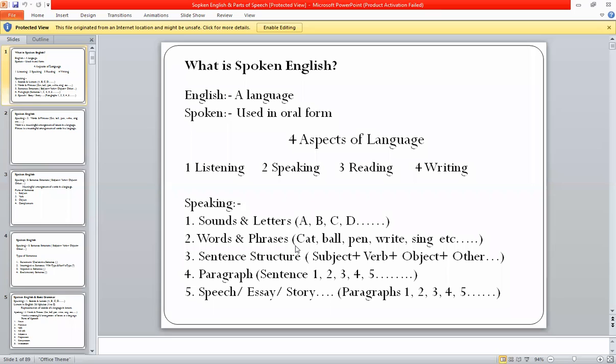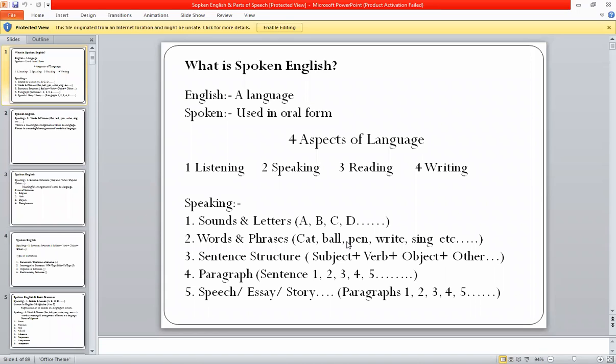And what are phrases? Phrases are when more than two words come in connection, then they are called phrases. जेव्हा दोन पेक्षा जास्त शब्द एकत्रपणे आपण वापरतो तेव्हा त्याला आपण काय म्हणतो, तर फ्रेजेस असं म्हणतो.